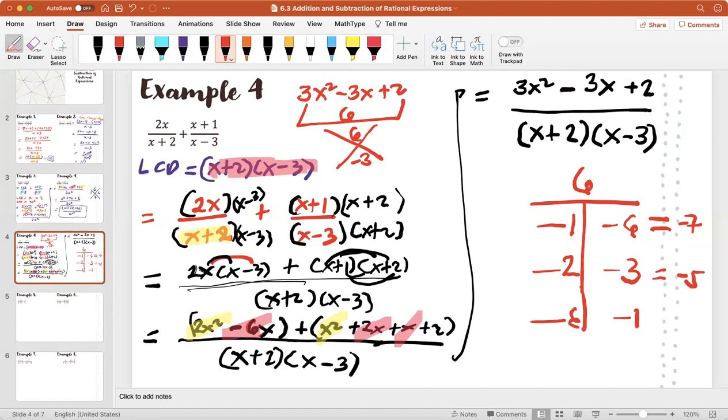You will not get negative 3. That means our numerator is not factorable, so that is our answer. Okay, that's our answer.